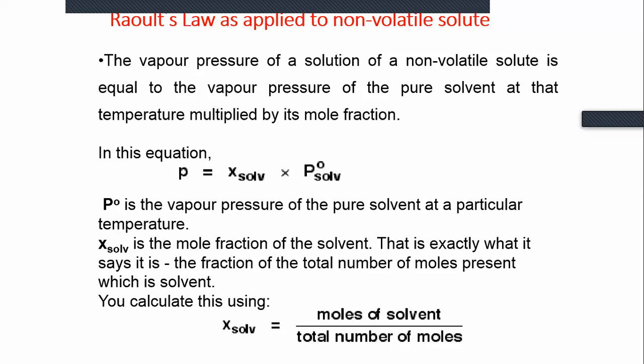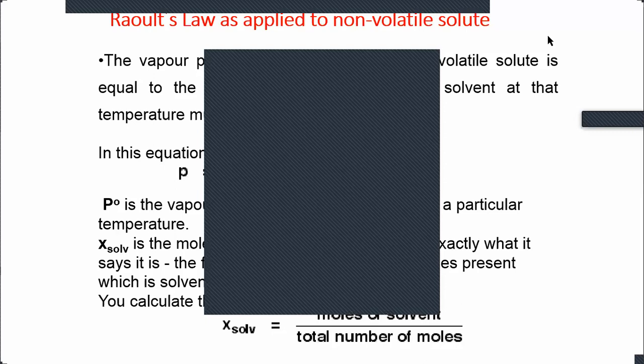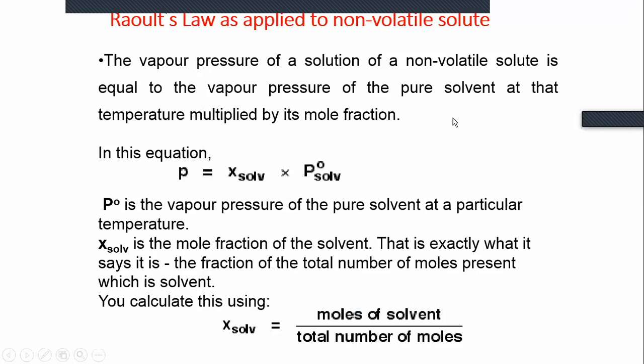For ideal mixtures, once you change the temperature, they are not going to obey Raoult's law again. But for Dalton's law, there is no significant effect of temperature change. So that is basically the difference between the two.